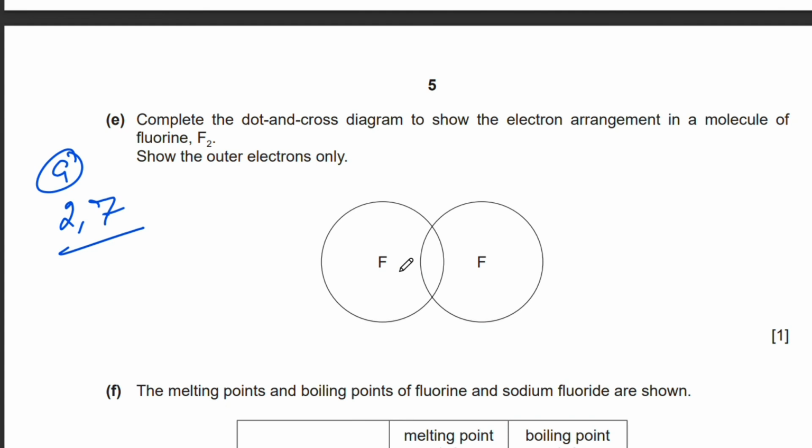There will be one pair of electrons which is being shared. So writing for this, 1, 2, 3, 4, 5, 6, 7. And for this fluorine, 1, 2 representing it by cross, 3, 4, 5, 6, 7. As you can see, now this pair is being shared. So now they both have 8 electrons and they are being shared. This is also called covalent bonding.